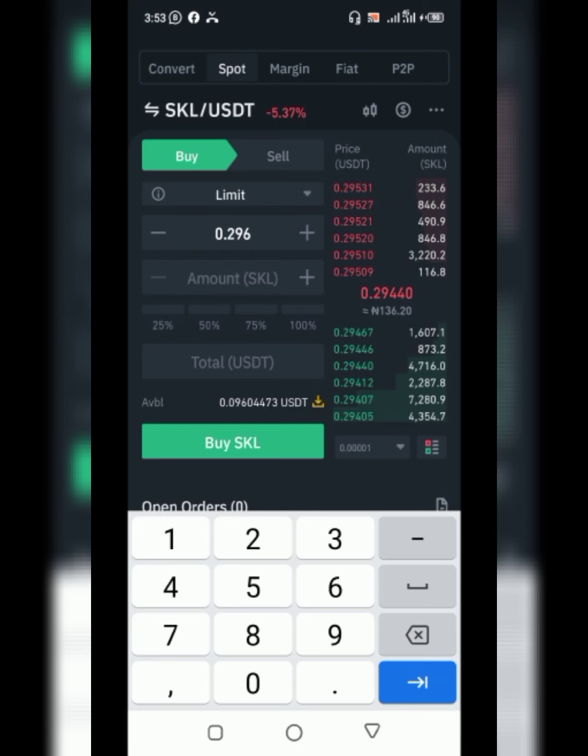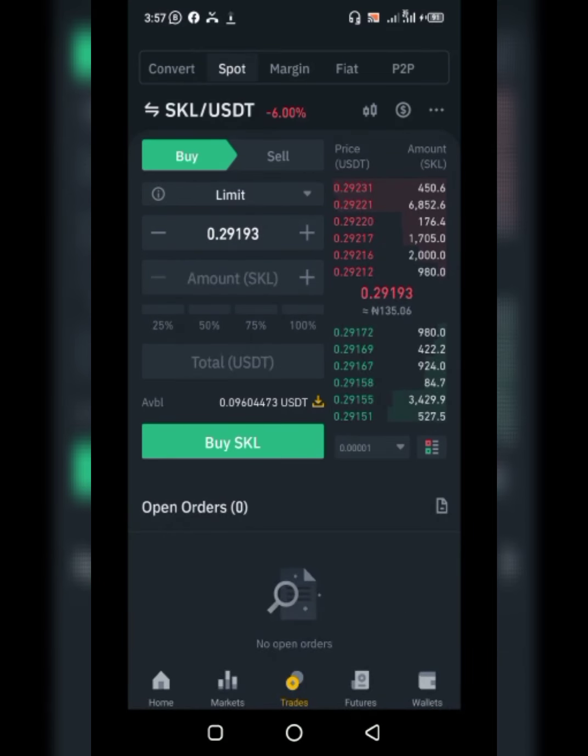You can type the 100 SKL here. If you type it, it will show you the value of USDT that it will take from your money. And you can set it here. You can place your own intentional USDT value. Maybe I'm using 36 USDT. 36 is not 25%, it doesn't fall under 50%. So they give you the right to put in your own buy amount.